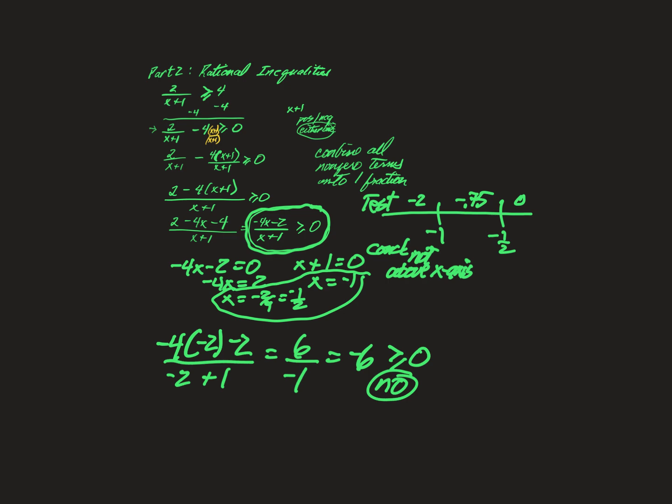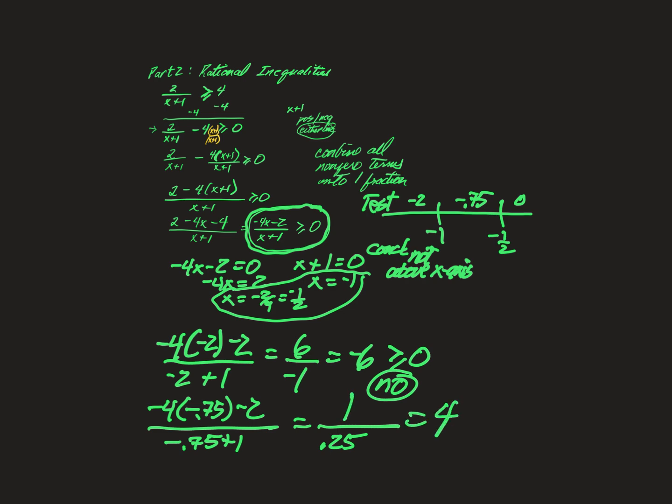All right. And so then you do your next test value. So -4 times -0.75 minus 2 over -0.75 plus 1. So this is 0.25. And the numerator is 3 minus 2, 1.